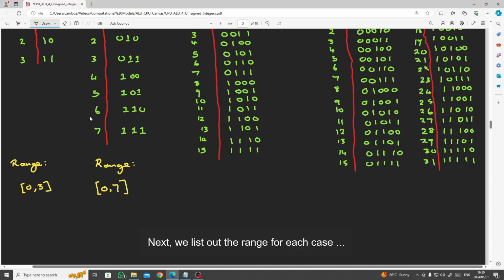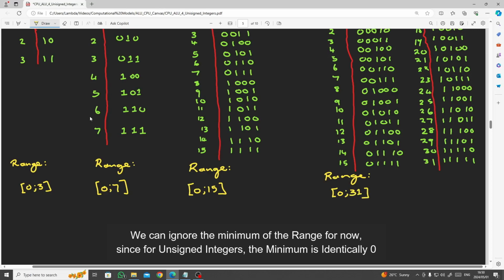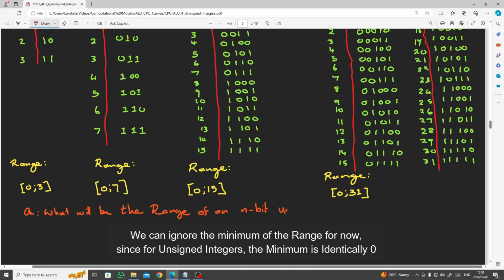Next, we list out the range for each case. We can ignore the minimum of the range for now, since for unsigned integers, the minimum is identically 0.